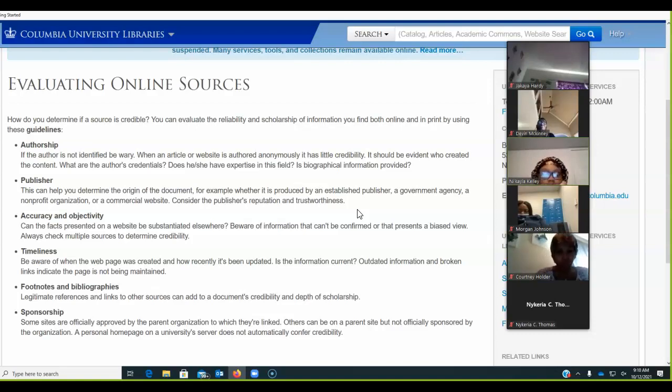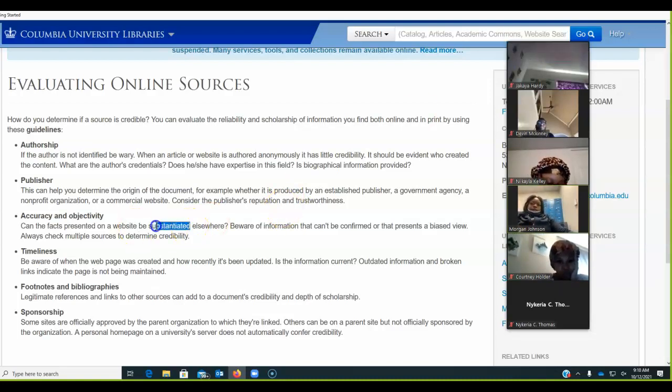Fantastic. And Morgan, can you read about accuracy and objectivity? Can the facts presented on a website be substantiated elsewhere? Beware of information that cannot be confirmed or the presence of bias. You should always check multiple sources to determine credibility.